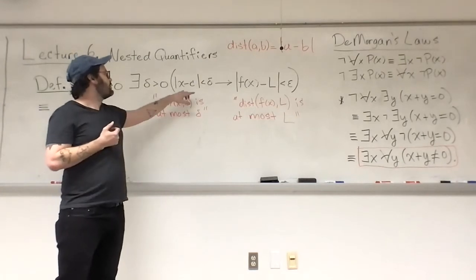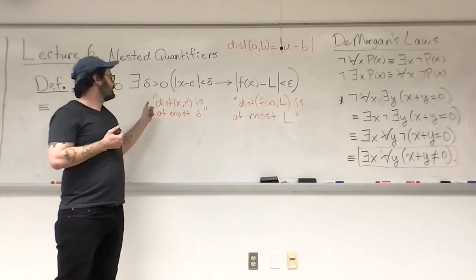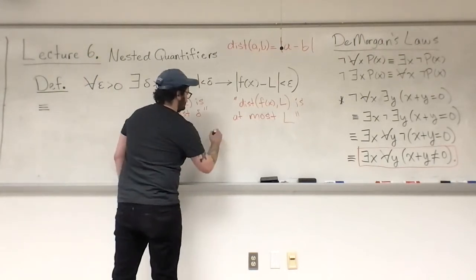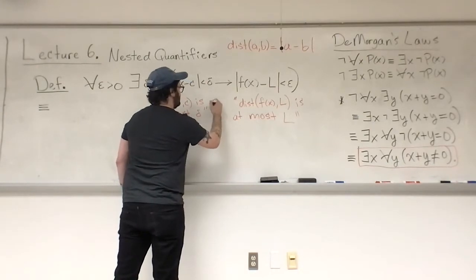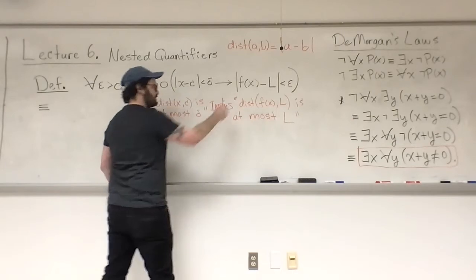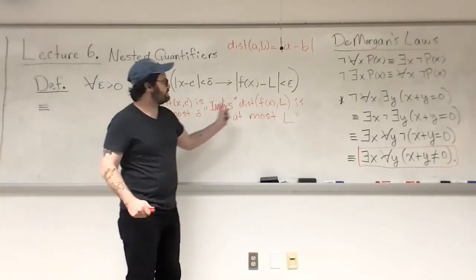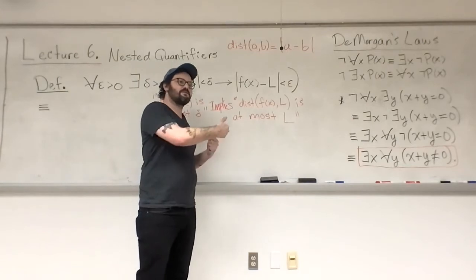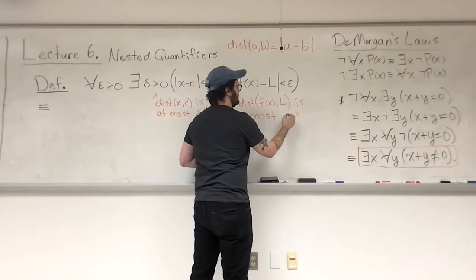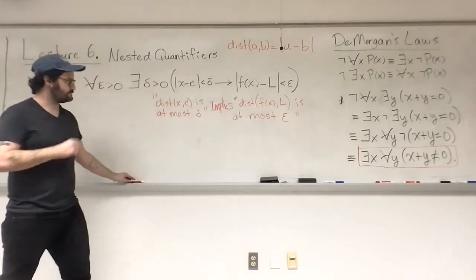So that anytime the distance from x to c is at most delta, implies the distance from f of x to L is at most epsilon. Why didn't y'all catch me? It's an epsilon. At most epsilon.